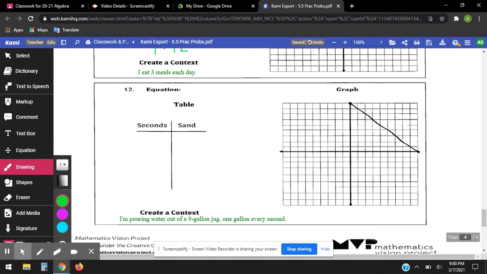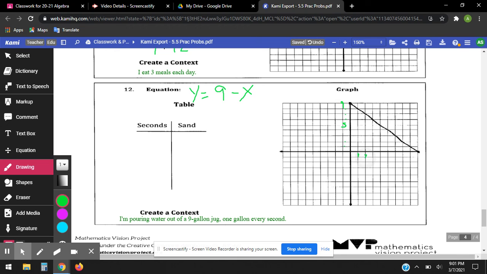So if we do that, then that means y equals, we start at 10 and we're subtracting an x each. No, not at 10. We start with 9. We said it was a 9-gallon. 9 gallons and we subtract 1 each time, which means we're counting by ones. 1, 2, 3, 4, 5, 6, 7, 8, 9.